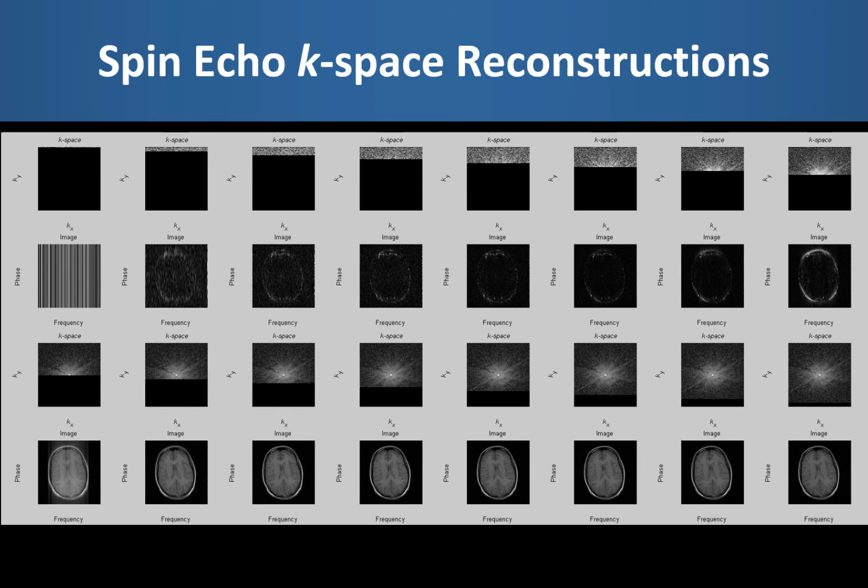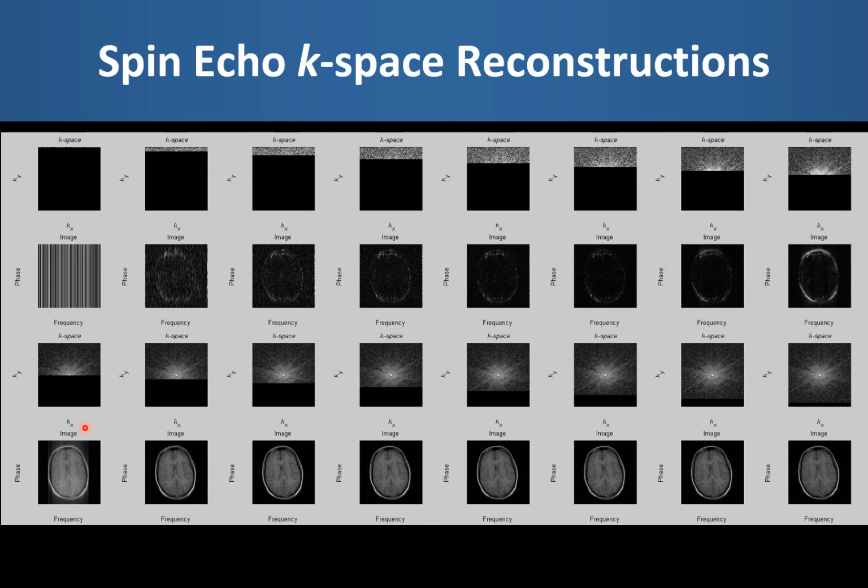Here is a montage of every fourth K-space and reconstructed image from the movie in the previous slide. Top left here is the first line of K-space, with the rest of K-space just filled with zeros. Following inverse Fourier transform, the image simply shows a one-dimensional projection. As we acquire more K-space data, the images start to show the edge of the head, or the high spatial frequencies.